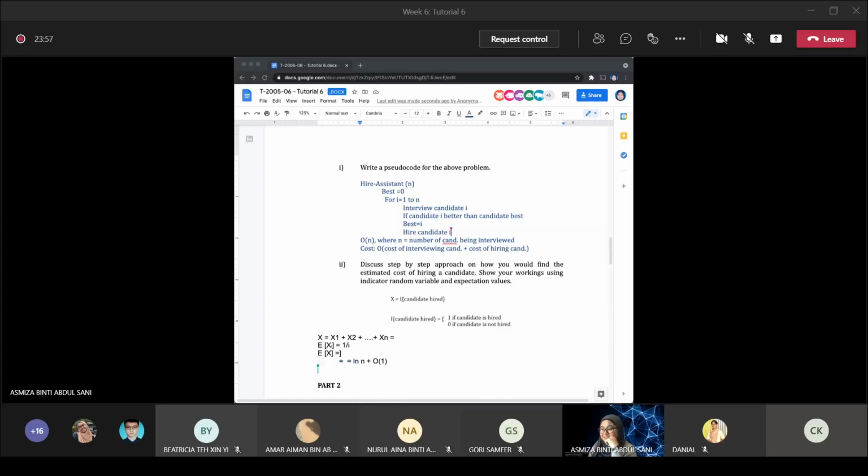Nobody? So basically just like what we did, like one of your friends sort of did, whereby what we want to do is, let's say we have n number of candidates. So the expectation of hiring n candidates would be the sum of the expectation values of hiring candidate 1, 2, and so on and so forth until the end.